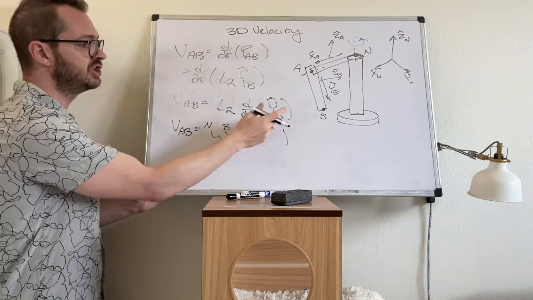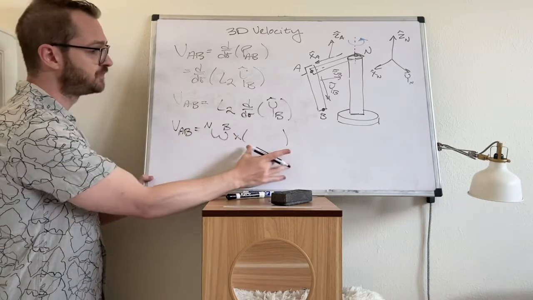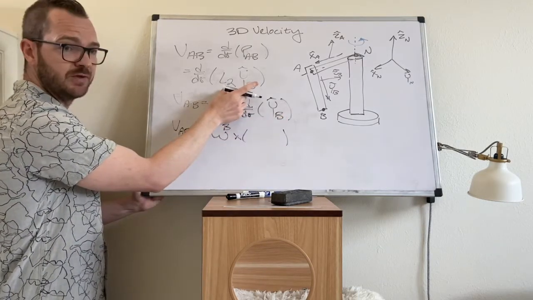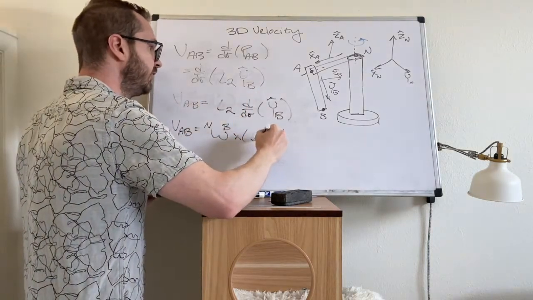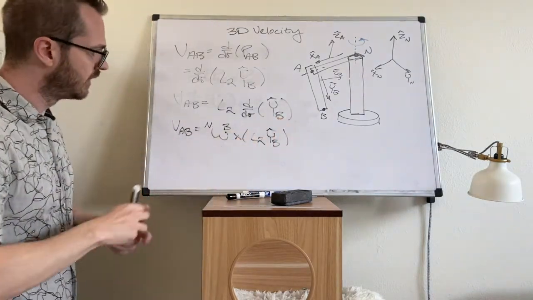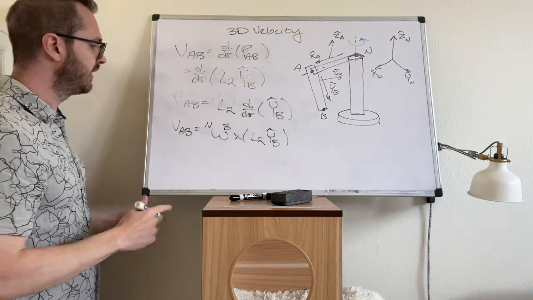If this was the J frame, we would take omega N to J. What do we cross? Where does this come from? It comes from this position vector. I'm going to take this position vector and bring it down. So L2 YB. Okay, so we just have to resolve this cross product and we get the answer.